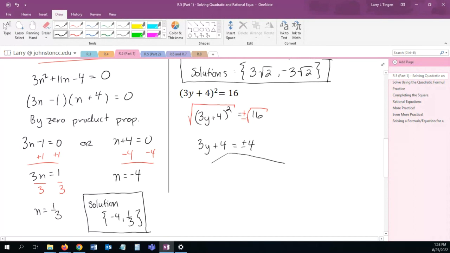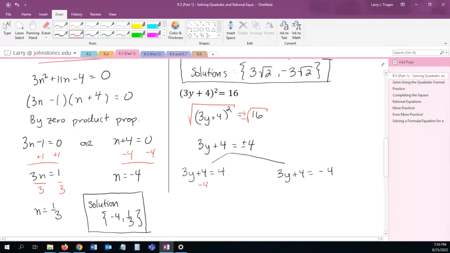I would go ahead and break this up into 3y plus 4 equals 4, and 3y plus 4 equals negative 4. Is everybody good with what I just did? This has 2 solutions. One is the case where I have 4 on the right. One is the case where I have negative 4 on the right.